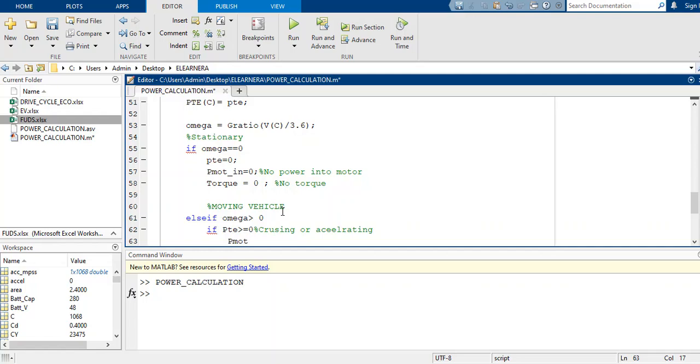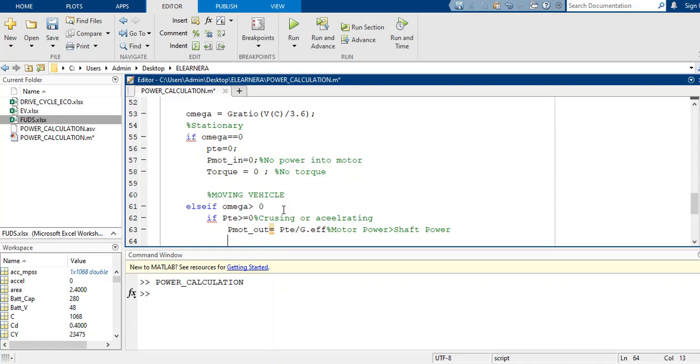So the motor power, that is motor output, is equal to total power which we have already found divided by the efficiency, the transmission efficiency of the vehicle. Motor power is always less than the shaft power.